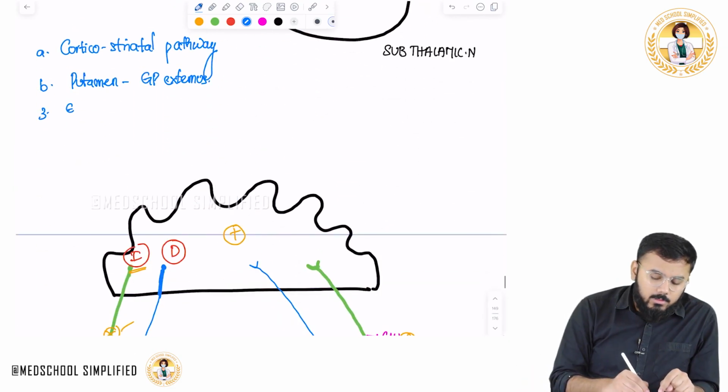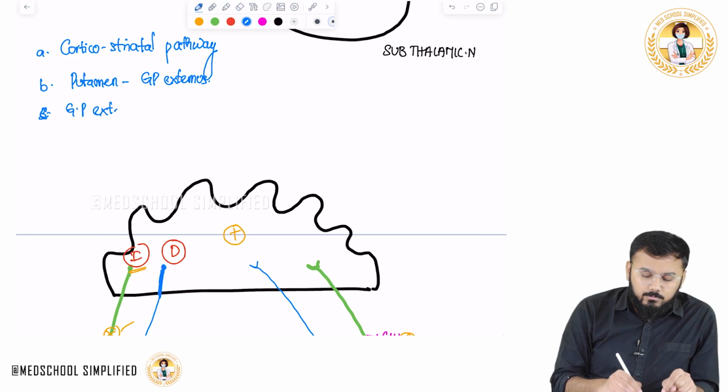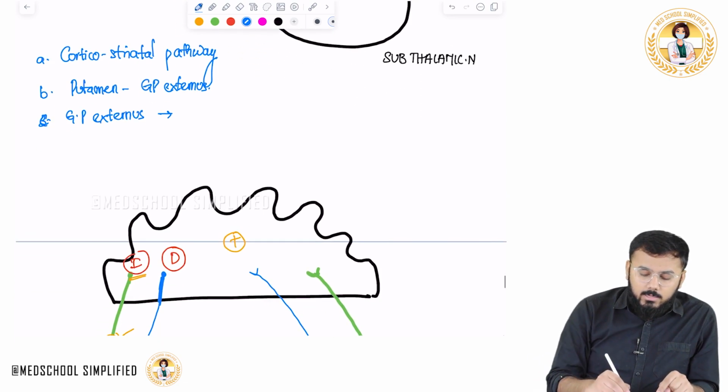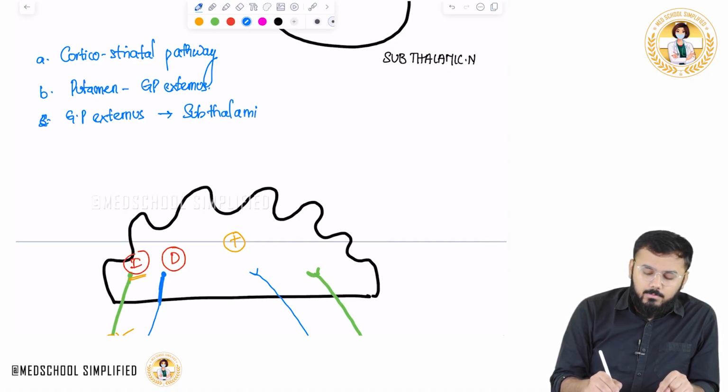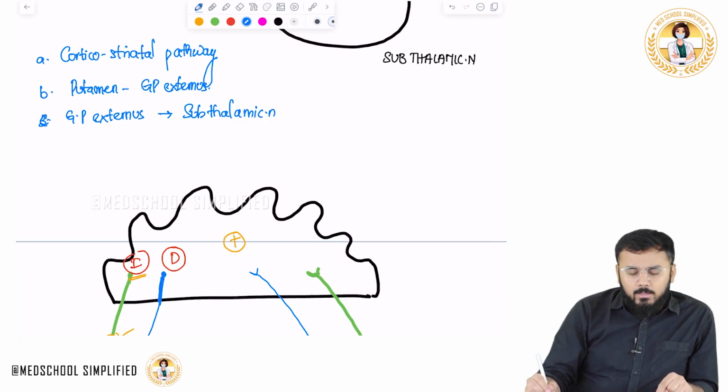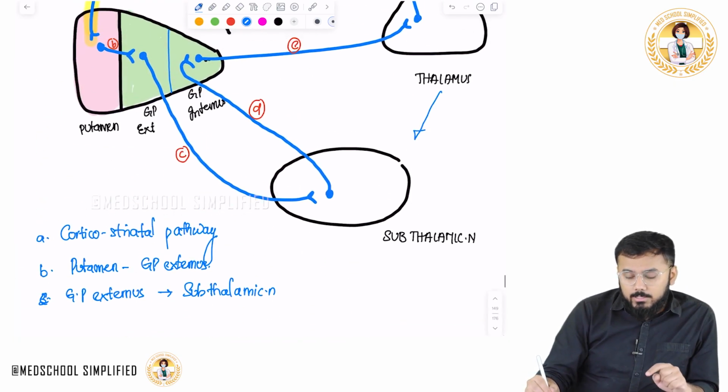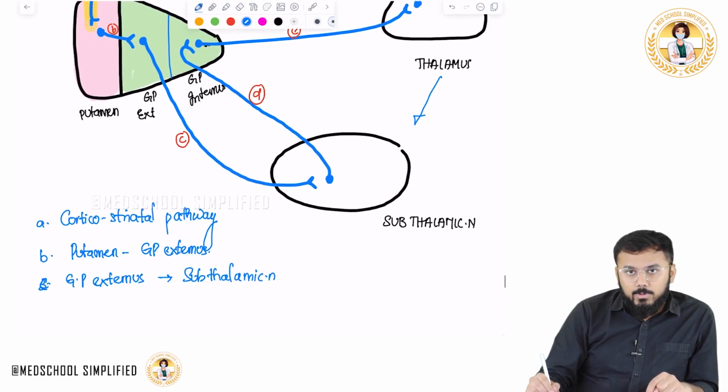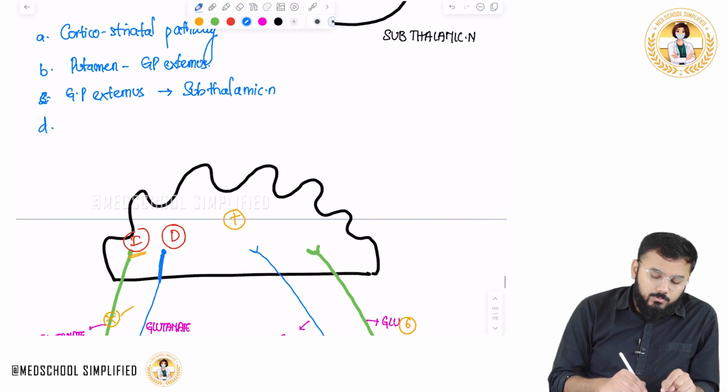So from the globus pallidus externus all the way till where? Till the subthalamic nuclei. Now, from the subthalamic nucleus, you have got fibers going to globus pallidus internus.